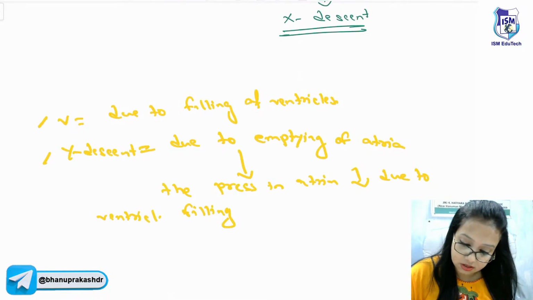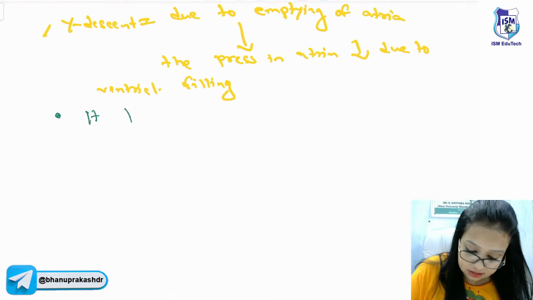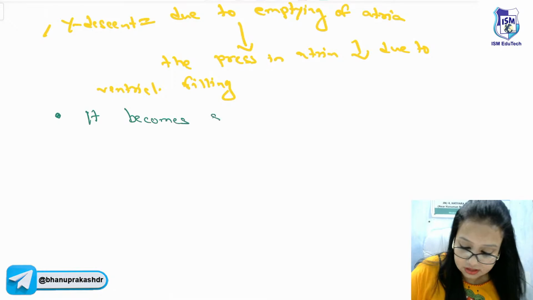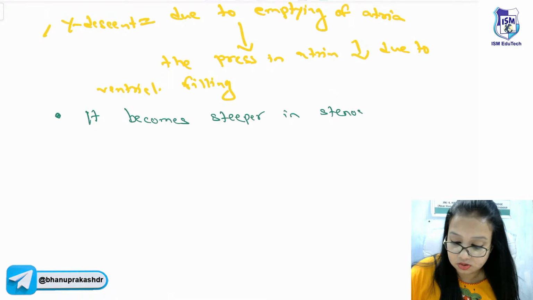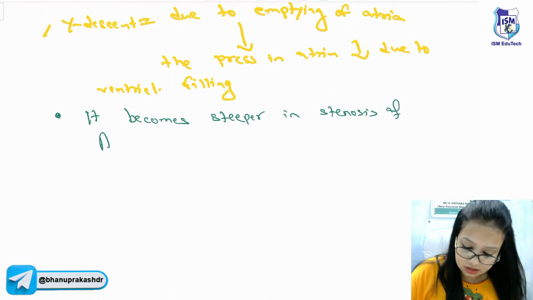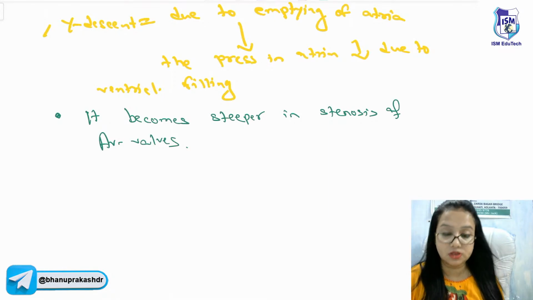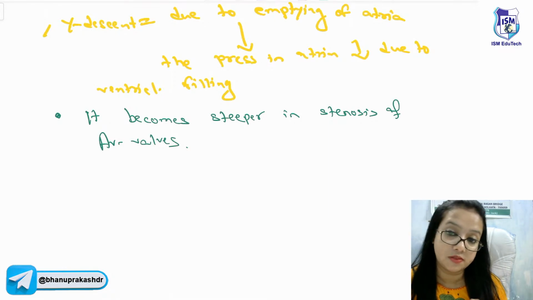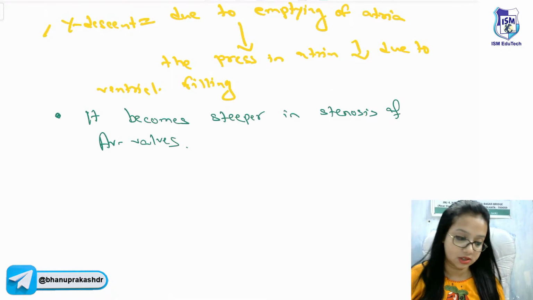Now this Y descent becomes steeper in stenosis of mitral or any kind of AV valve, I should say, in AV valves. It will be more prominent in the mitral valve stenosis, but it is also affected in the stenosis of the tricuspid also. Both tricuspid and bicuspid.